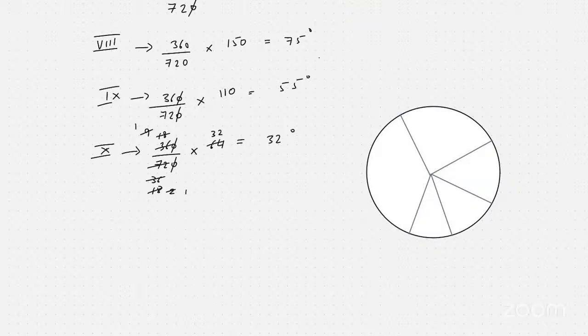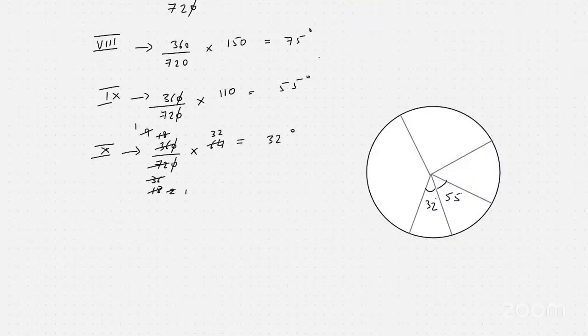So this is how I prefer. You make from the smaller. When you are making the pie chart, you start making from the smallest column, and then we will mark it. This we will mark 32 degree. Then this we will mark 55 degree.